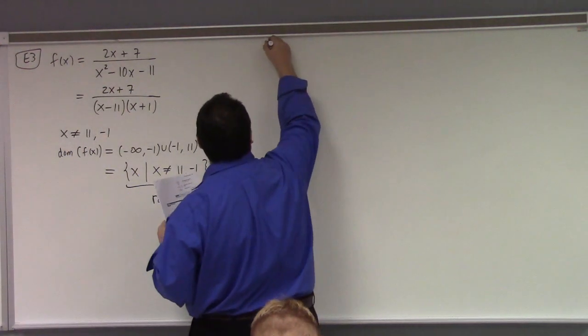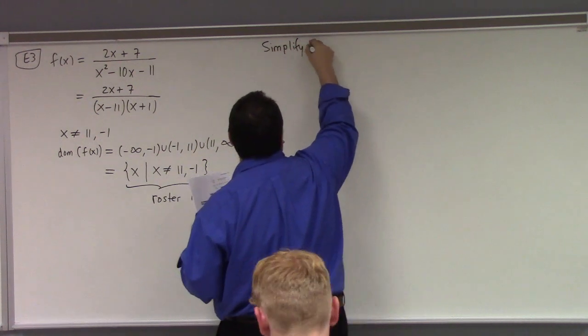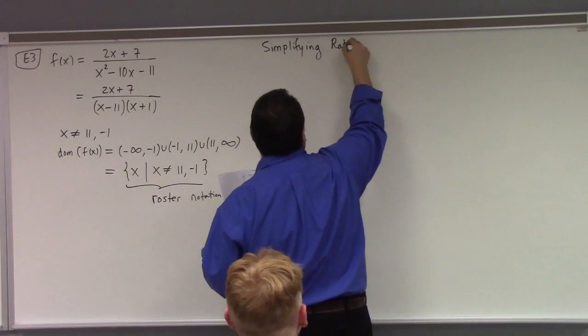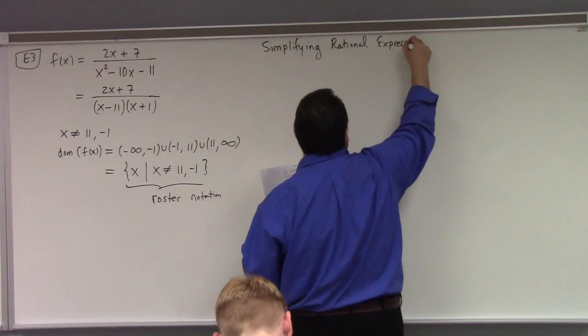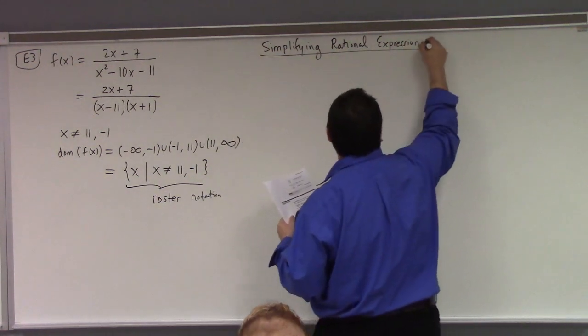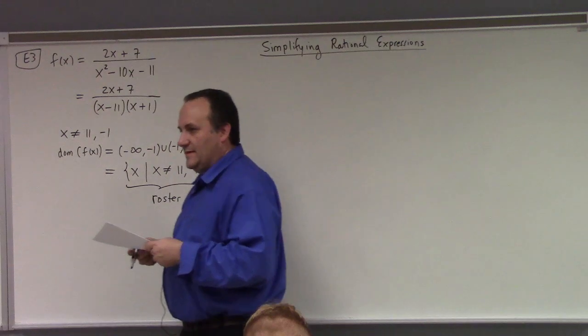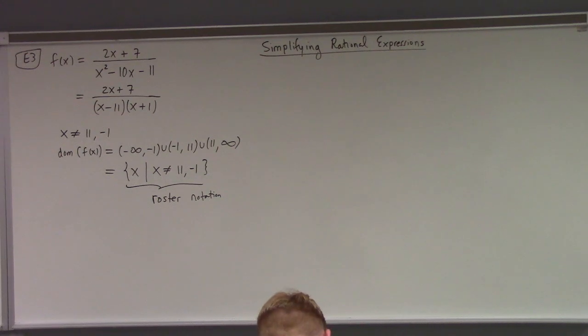So we're now moving on to the problem of simplifying rational expressions. Now, technically speaking, we're covering an R section, which means review, which means allegedly you guys had this in a previous course. Just like allegedly you were taught factoring in a previous course, right?